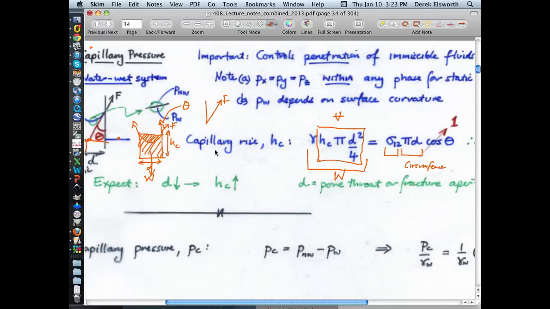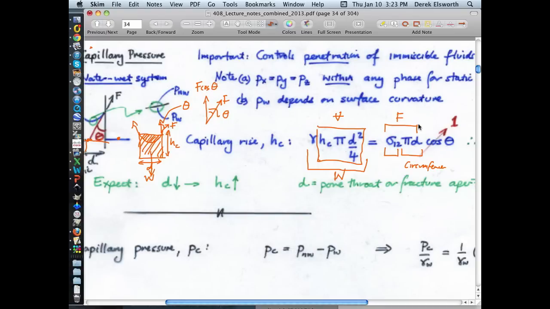So if you're looking down on this thing here, the interface force acts everywhere around this circumference. And so you can just multiply the magnitude of this force by the circumference, this gives us a total amount which is F. And if this is theta, then this is just F cosine theta. And so that's all this is.